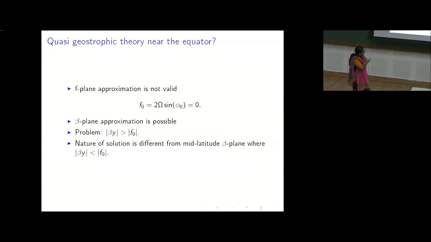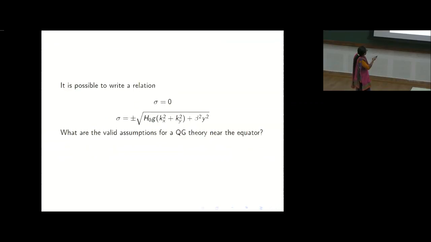I do not know how to solve those. You can still find a plane wave solution with this frequency, but how to do a QG with this approximation, I do not know. So I will stop here.